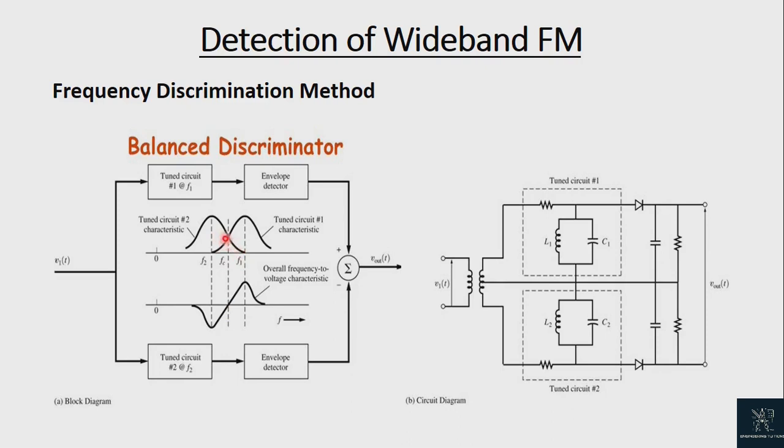So voltage V1 is greater than V2 and the output voltage will be positive. Now the third case, when fi is less than fc, the gain of the first tuned circuit is less than the second tuned circuit, so V1 is less than V2 and the output voltage will be negative, as depicted in this figure.